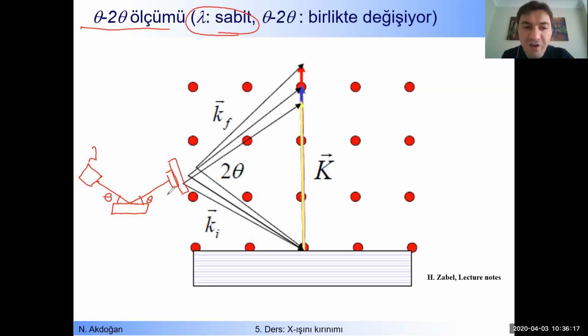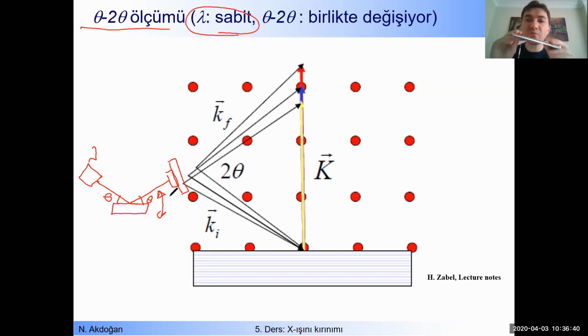Then we change the theta angle by manipulating the sample like this. So just consider that this is our sample. X-ray is coming and diffracted like this. So we change the theta angle like this in the X-ray diffraction experiment.